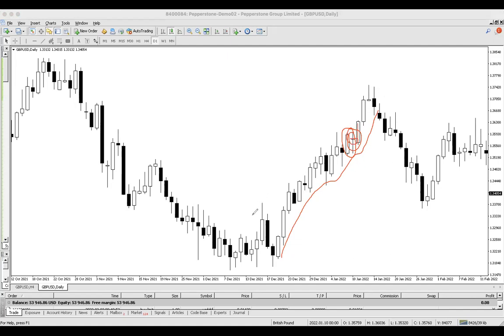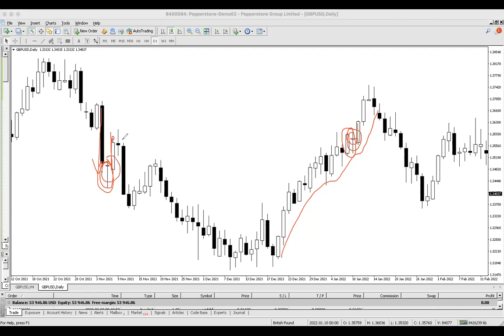The same, let's look here. Okay, so people were selling on this candle, and then a doji candle was printed, meaning there's indecision. Immediately after printing that doji, the market turned. Okay, so this candle signals people were buying.